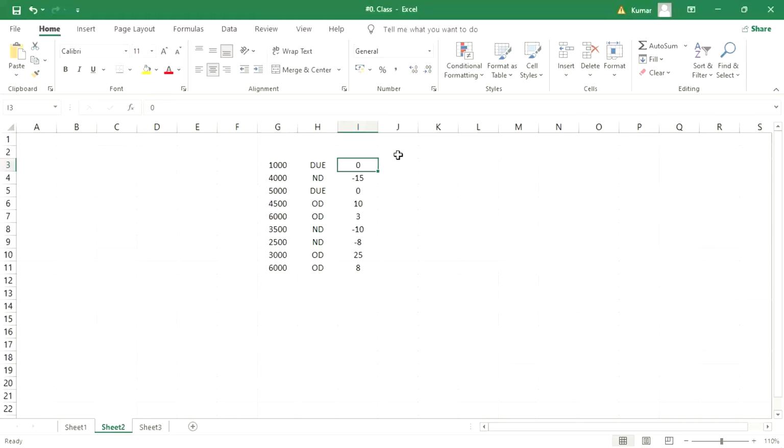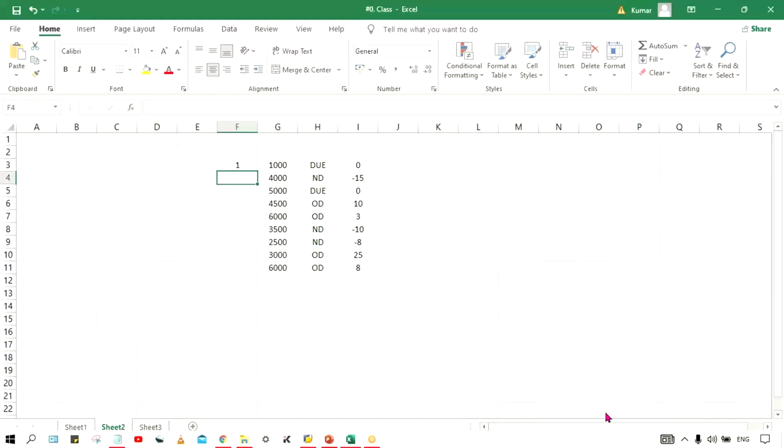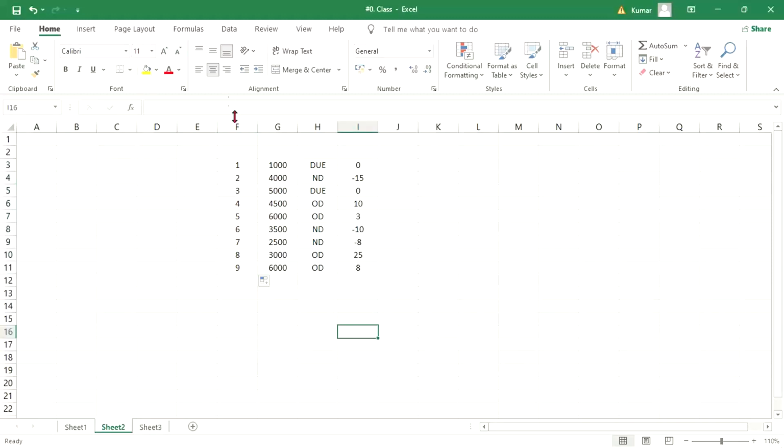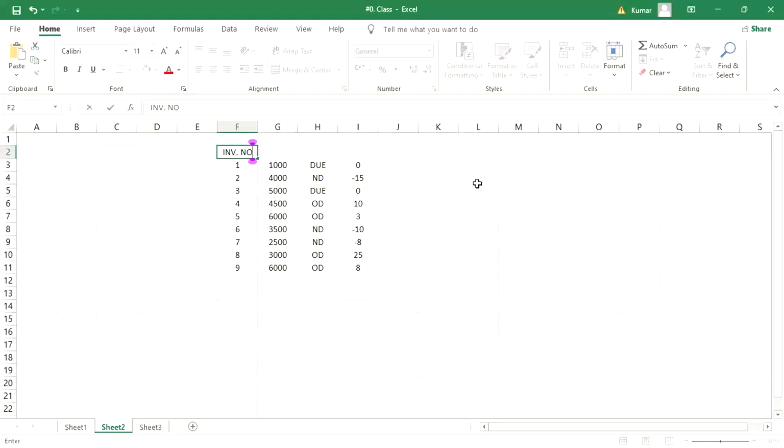Now tell me, guys, how many invoices are supposed to be selected by the system for sending a reminder to the customer? In this case, the invoice number is... Now tell me how many invoices are going to be selected for the reminder letter. Which invoice number?